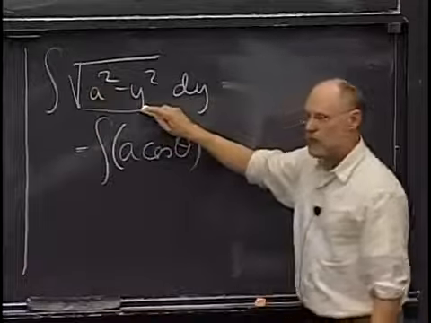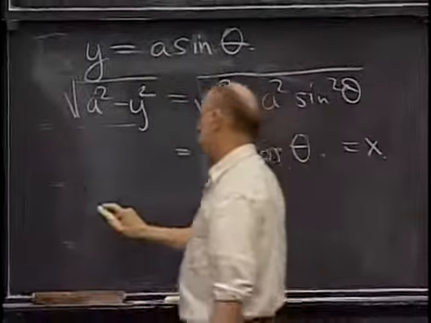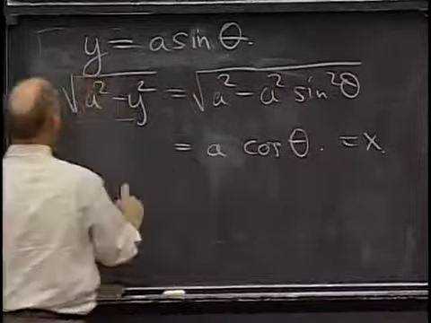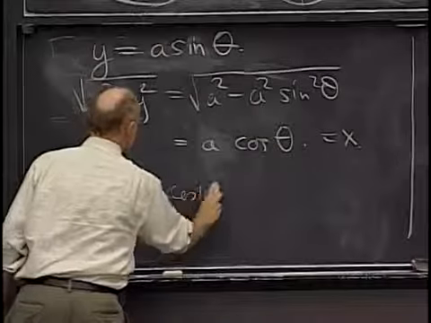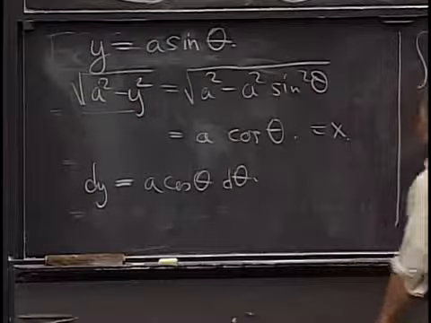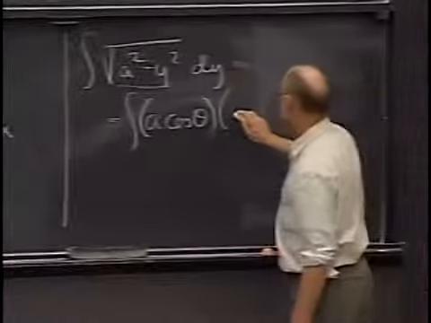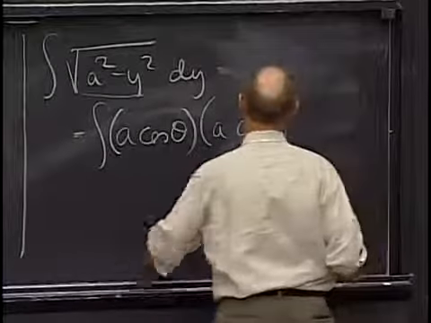That's this. What about the dy? Well, I'd better compute the dy. So dy, just differentiating this expression, is a cosine theta d theta. So let's put that in. dy is a cosine theta d theta.